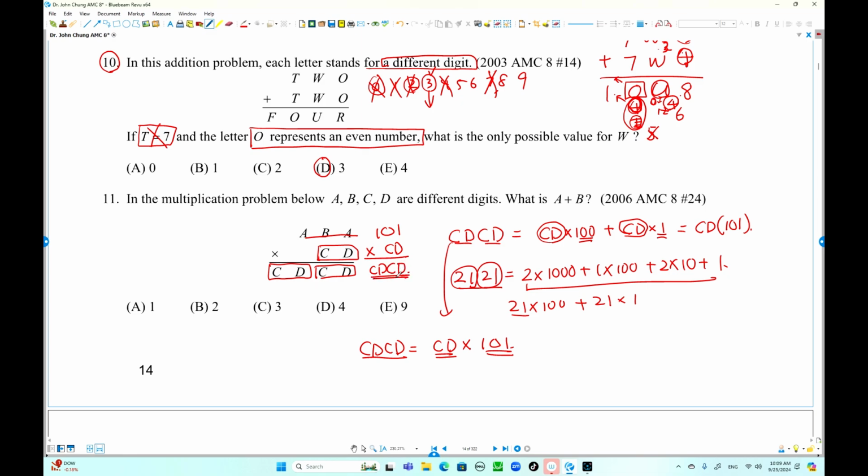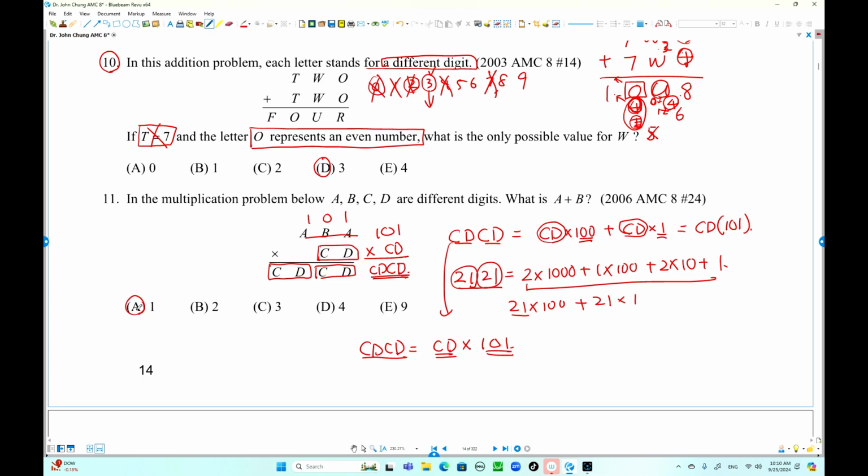If you know this skill, you can solve it this way. When you have questions very similar to this one, try it this way. So A is 1, B is 0, and A plus B equals 1.